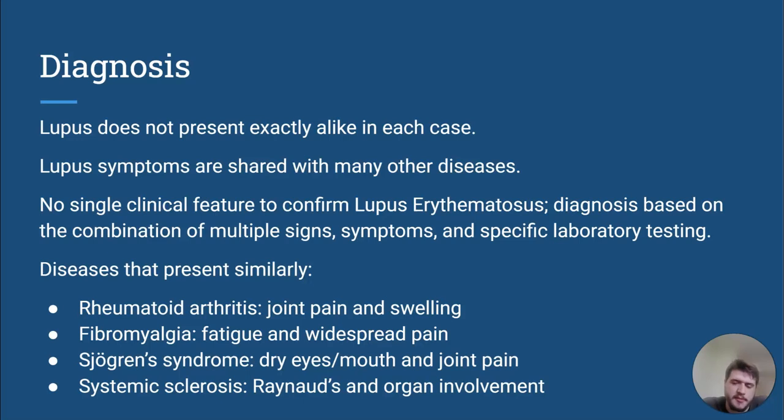So you have to diagnose it based on a combination of multiple signs and symptoms and tests. And then, here are just some diseases that present very similarly, like rheumatoid arthritis. A rheumatologist is a doctor who will, or they are the most common doctors who will prescribe lupus treatment.